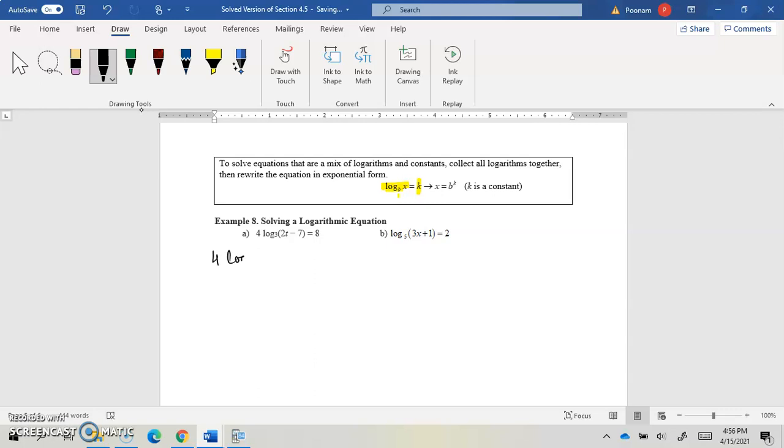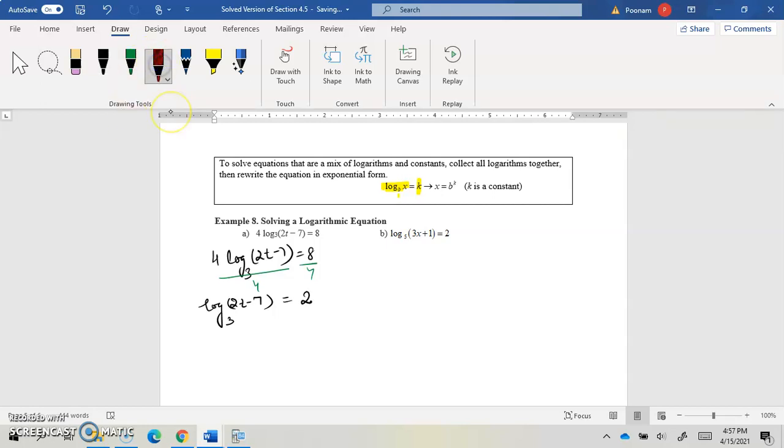Example number 8, part A. 4 times log of 2t minus 7 base 3 is equal to 8. The first step is to isolate log. That means we'll divide both sides by 4. We will get log of 2t minus 7 base 3 is equal to 2.